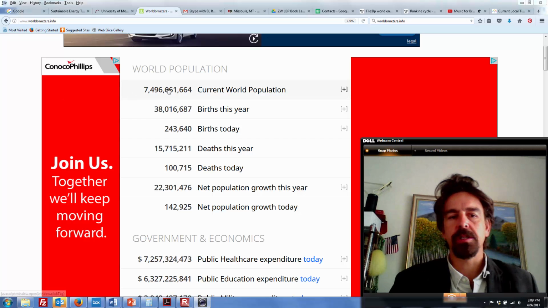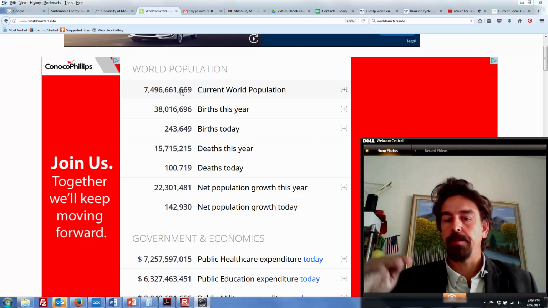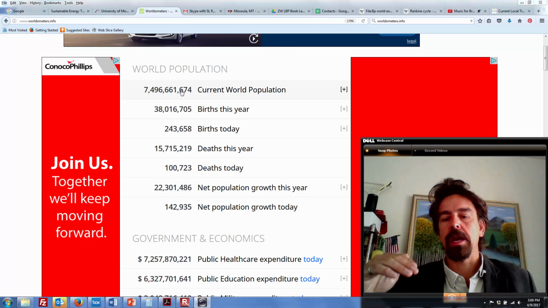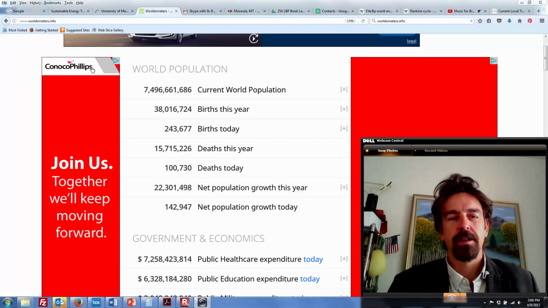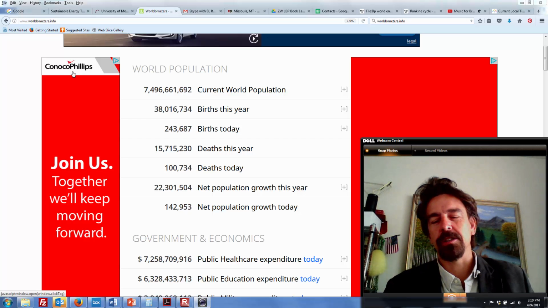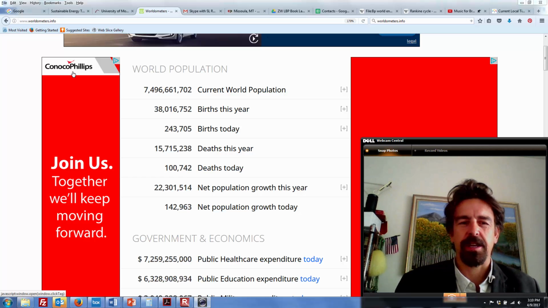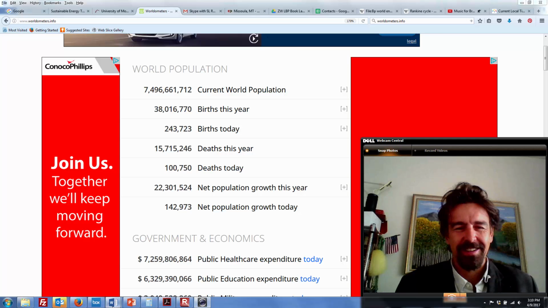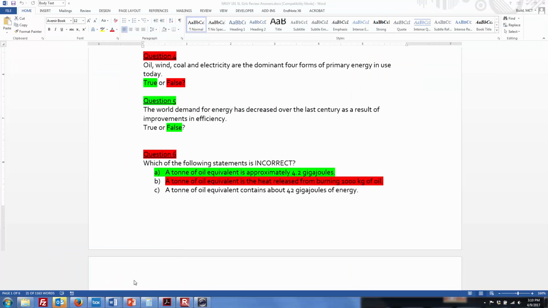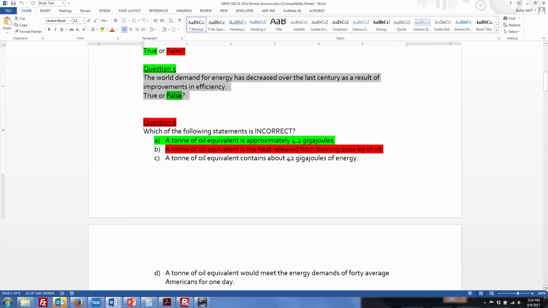So here you can see that as the population increases, energy consumption also increases. And I don't know, these guys are the fossil fuel guys, and I'm not sure I like their advertising on this site. Oh well. Okay. So that's quite good. So question 5 is good.